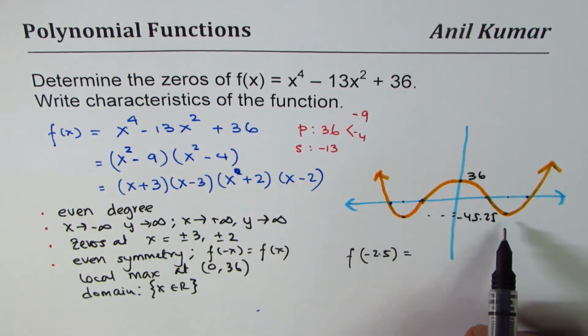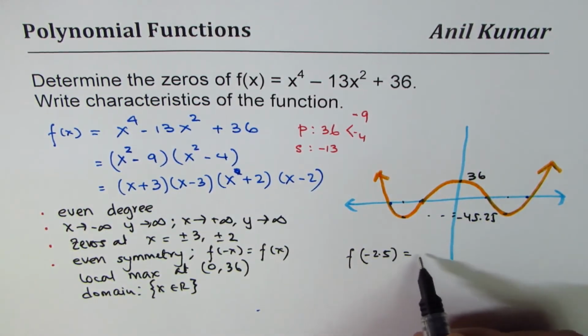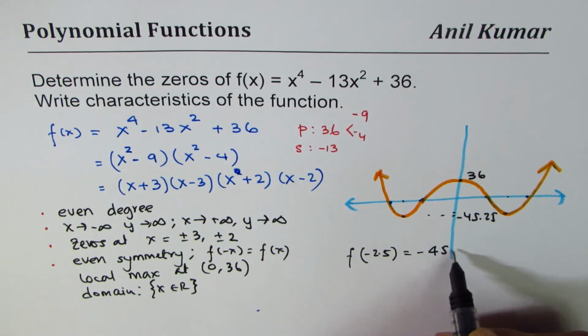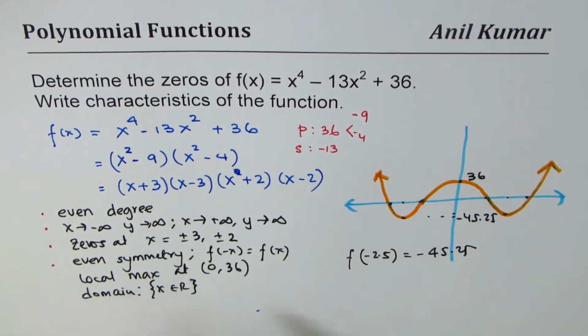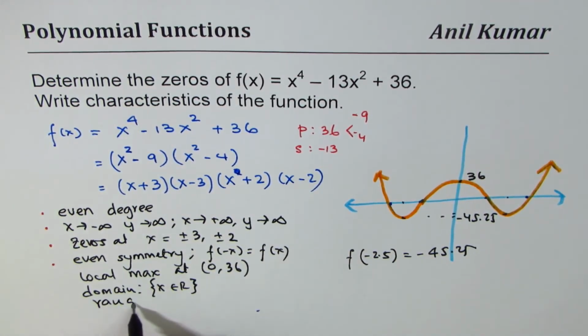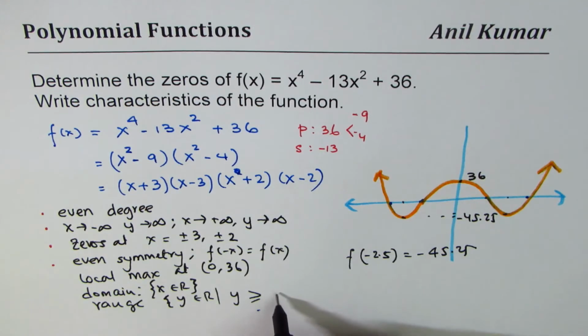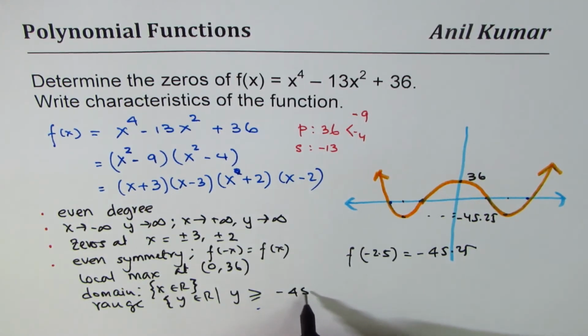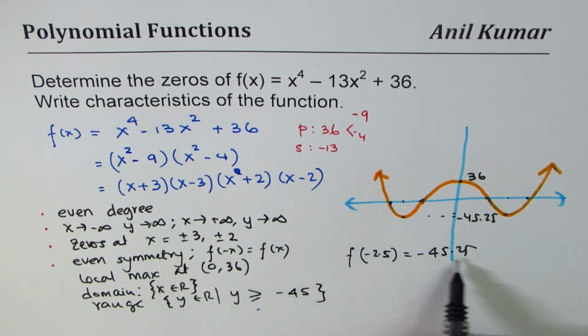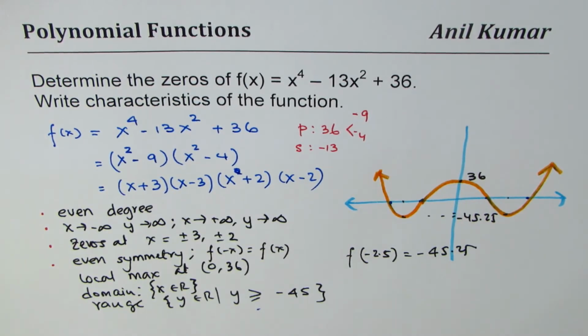Well, this is not the best way to find it, but the value is correct, okay? So we can say range is y belongs to real numbers where y is greater than or equal to, let's say, minus 45. Right, so we are not getting into the decimal, so approximately, is that okay? So that is how you can also give range.